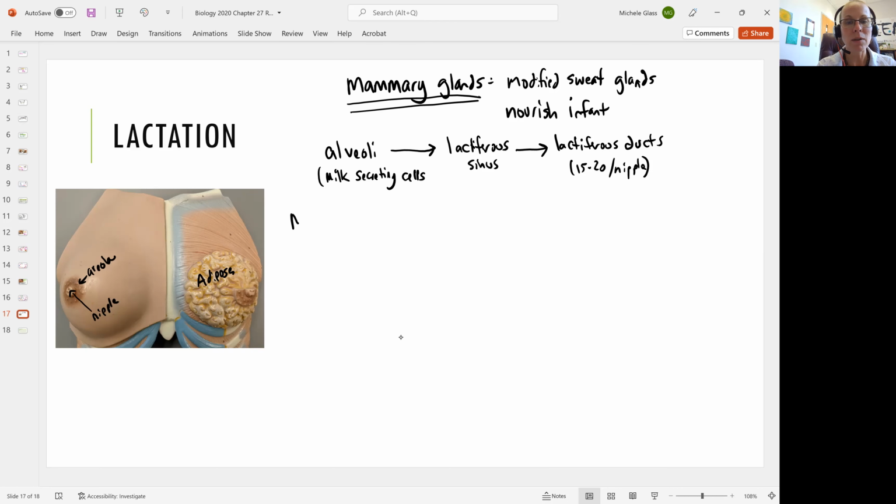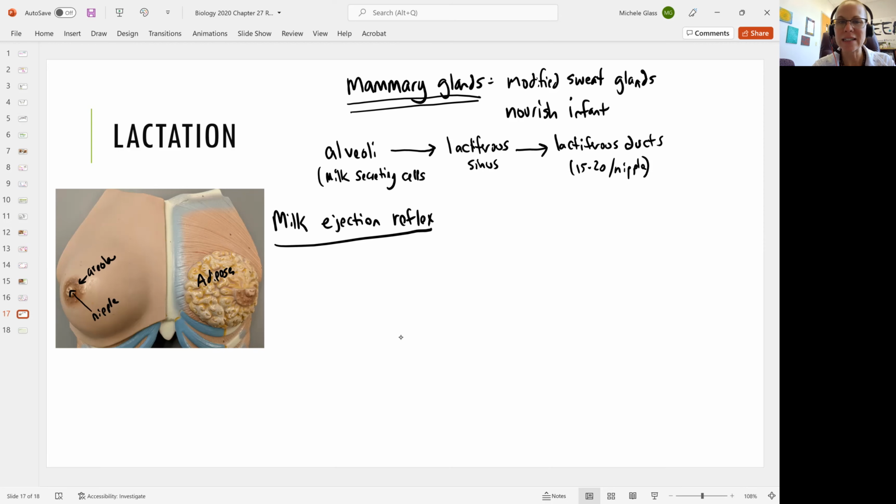When we talk about the milk ejection reflex, let me rewrite that. I'm getting a little sloppy here. You all are thinking like getting milk ejection reflex.